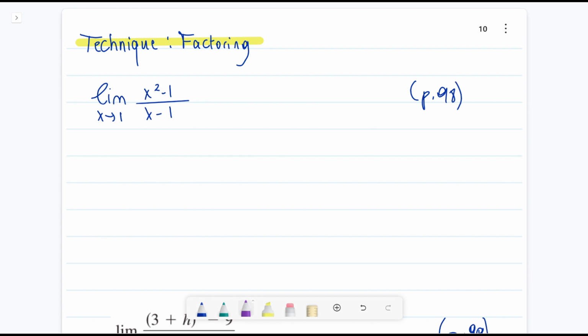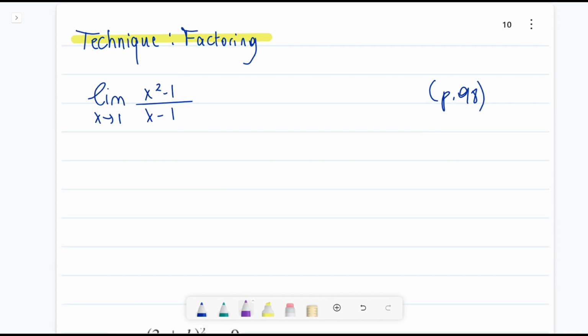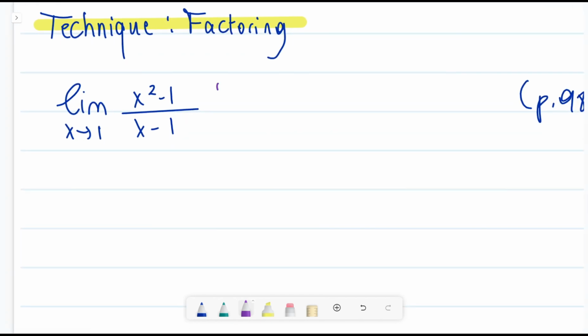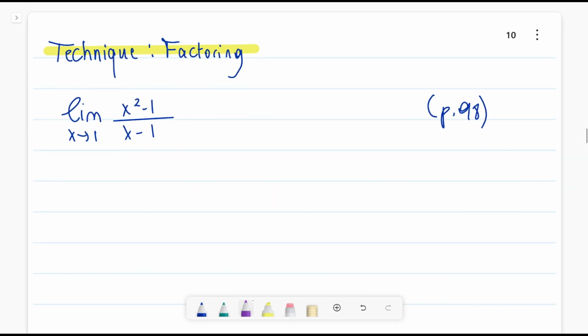So if we take a look at this function, we can notice that if we plug in 1, we will get a 0 in the numerator and a 0 in the denominator, which shows that it is not in the domain of the function. Because of that, in order to know which technique to use, you can always start by plugging in.